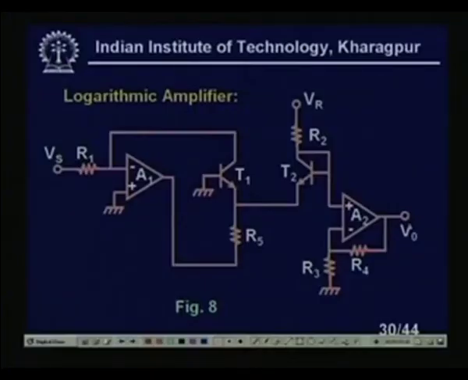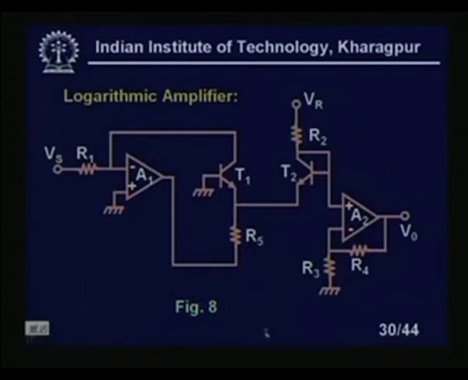So, the output is a logarithm of the voltage Vs. This is the basic principle of logarithmic amplifiers. We can use 2 transistors and 2 amplifiers to make the logarithmic amplifier. The circuit basically uses the diode characteristics, because you know the voltage-current relation of diodes is exponential. That principle is utilized to make these logarithmic amplifiers.